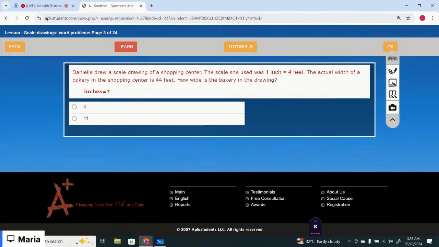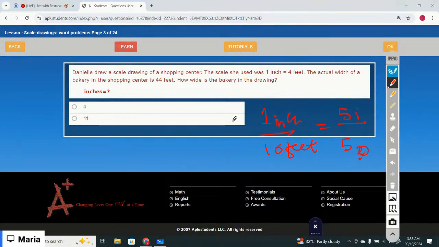The scale is 1 inch equals 4 feet, and you are given 44 feet. You have to find how many inches it is, right? You have to divide 44 by 4. So which is the correct option?